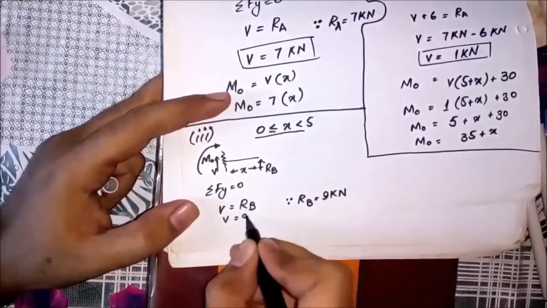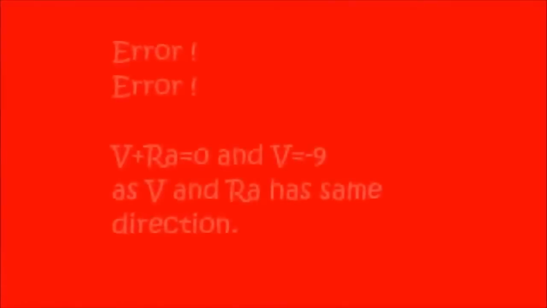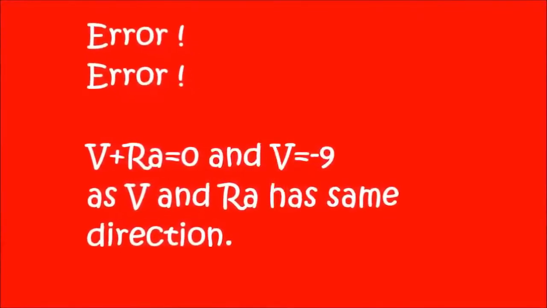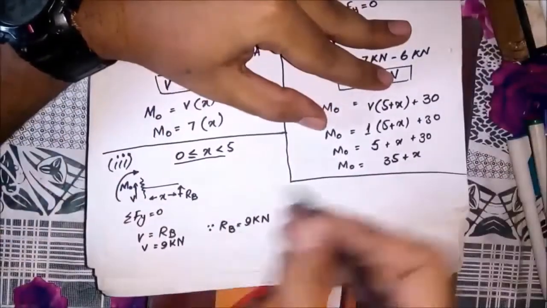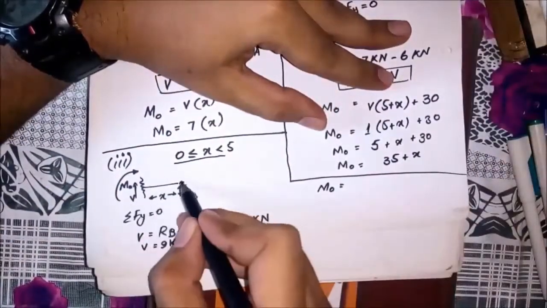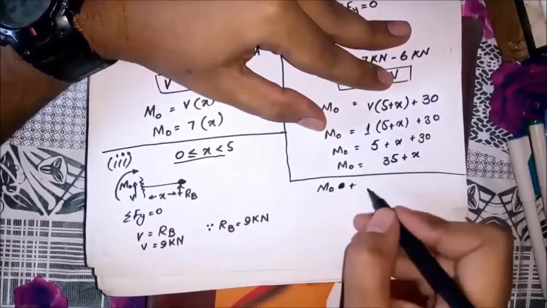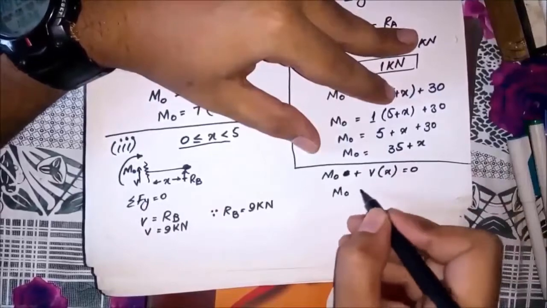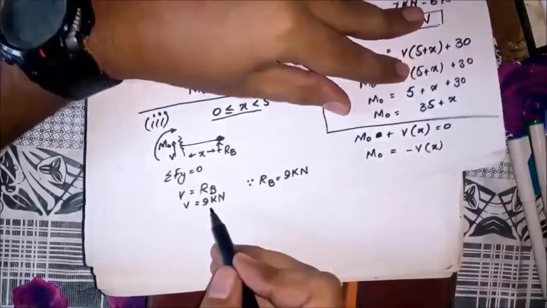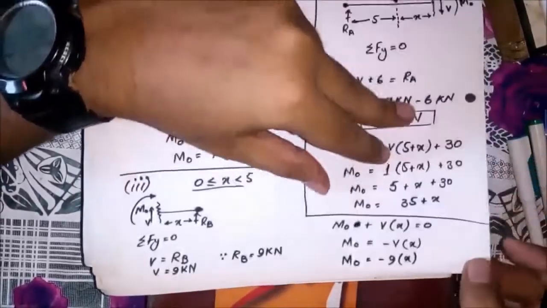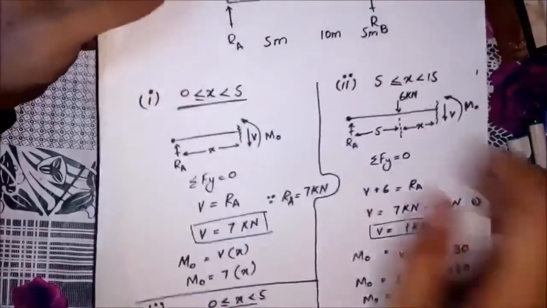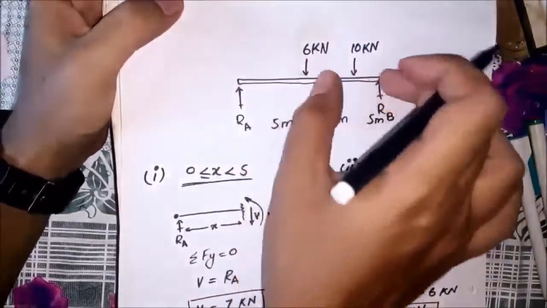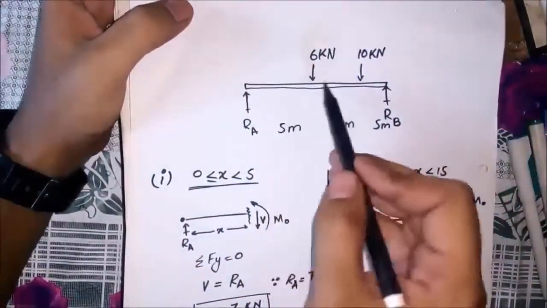So V is equal to minus 9. And MO is equal to 9x.